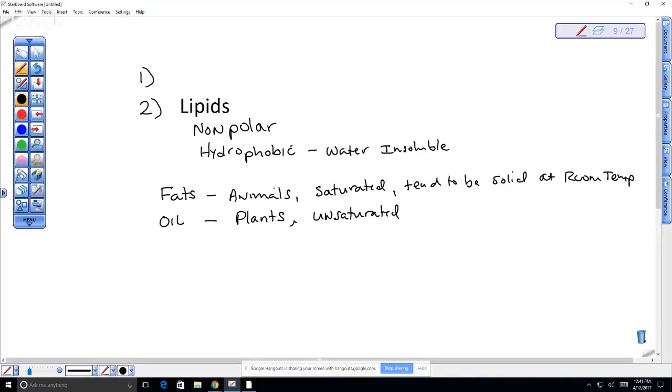There's a difference between lard, which would be animal fat, and Crisco. When you save your bacon grease, that would be fat. That's lard, yes. That would be in the saturated category. Unsaturated would tend to be a liquid at room temperature.